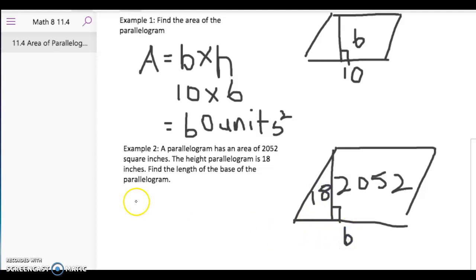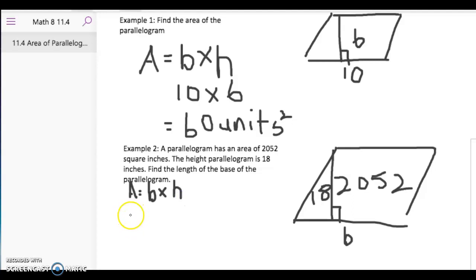Well, we could simply write out the formula, which is A equals base times height. Sorry, I'm going a little bit slow because I don't have a writing pad.